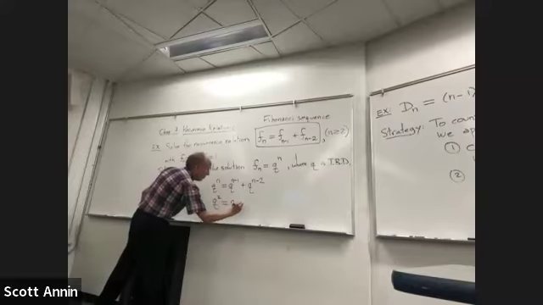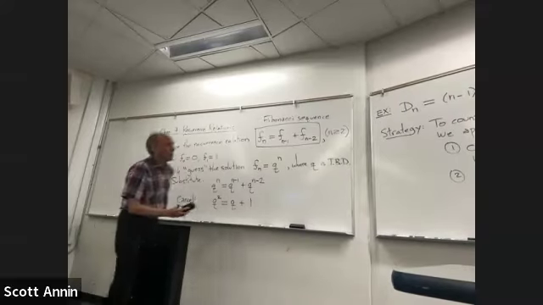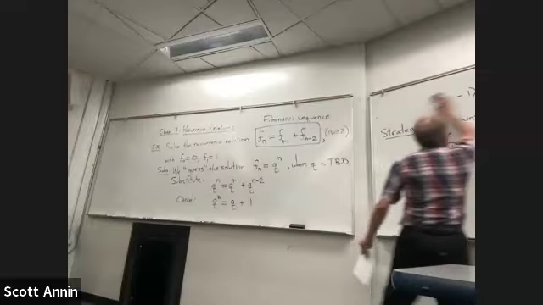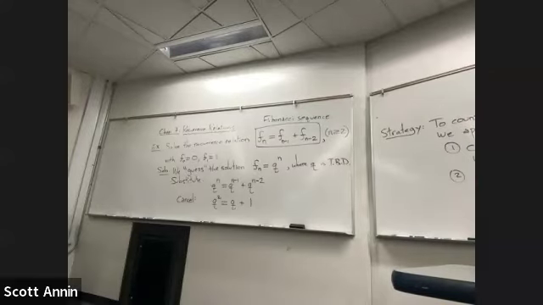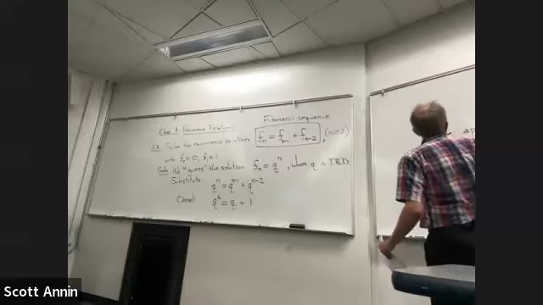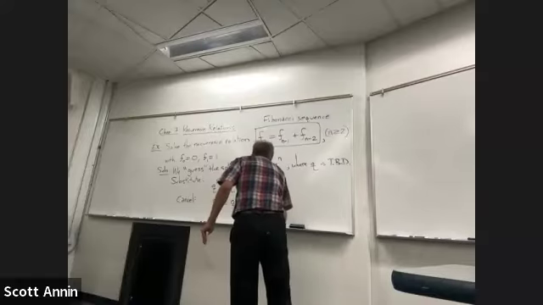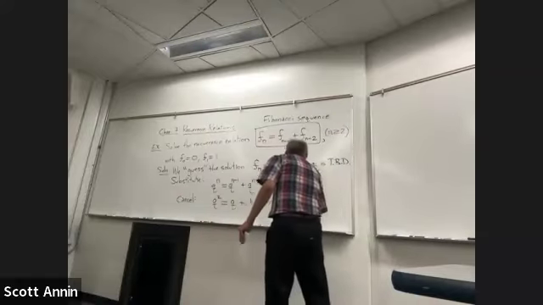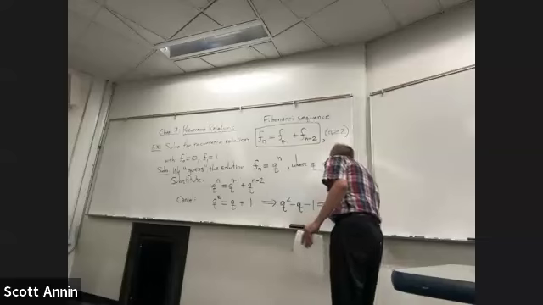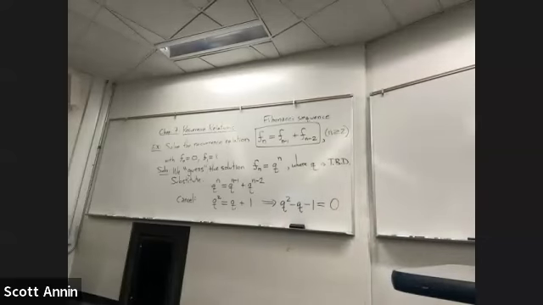Then we're going to get q squared is equal to q plus 1. And that's just a quadratic equation for q that we should be able to find the roots of, yeah? So let's just rewrite it in the standard form of a quadratic: q squared minus q minus 1 equals 0.